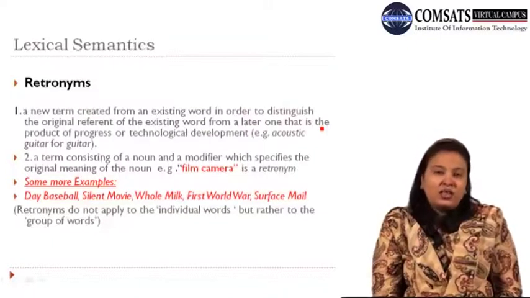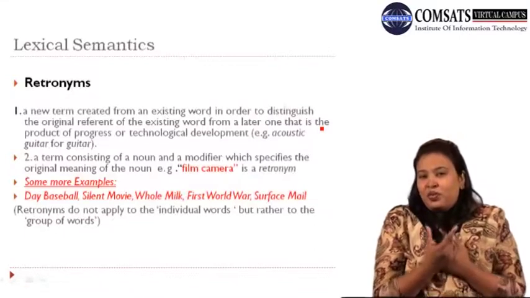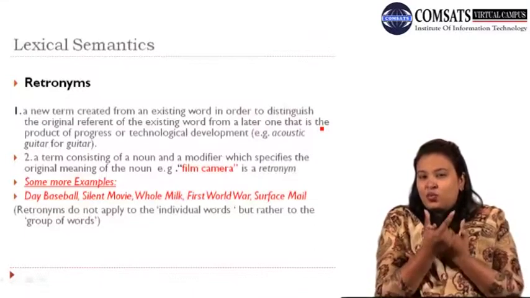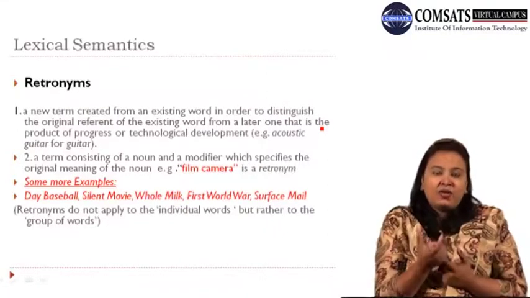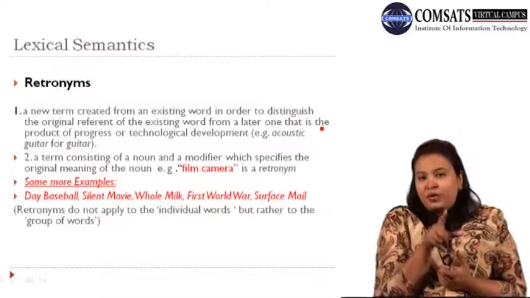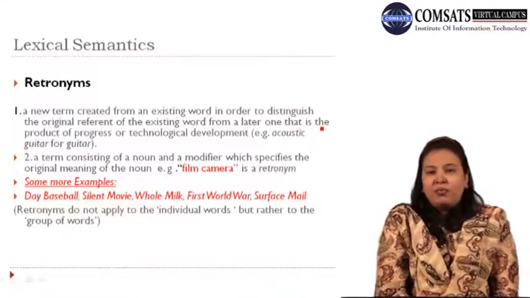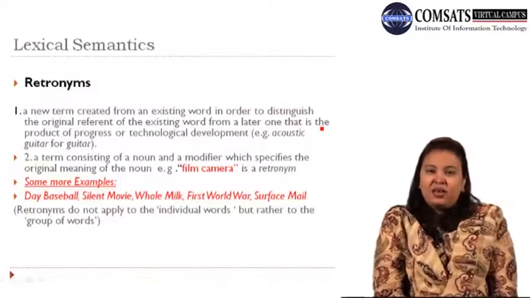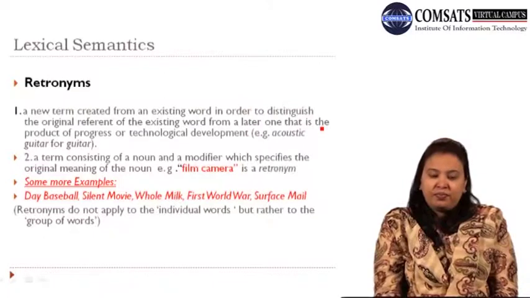It is the way the words are grouped. Like First World War, the whole is one word, because I will treat it as one thing. I will get the meaning with this. With 9/11, I will get the meaning with the whole term. So this way, retronyms are quite a recent addition in lexical semantics.